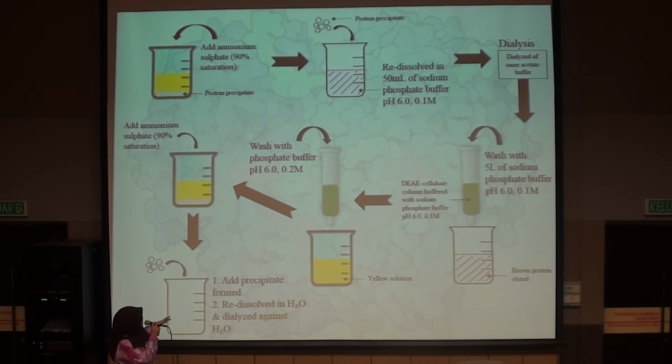Then the process will be repeated by adding ammonium sulfate, and the precipitate formed is redissolved in water and dialyzed against water, and will be taken for determination, which will be further explained by my colleague.